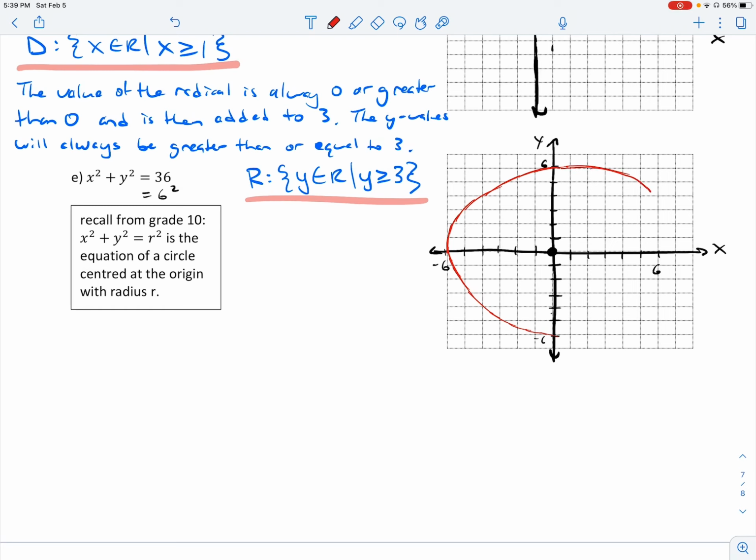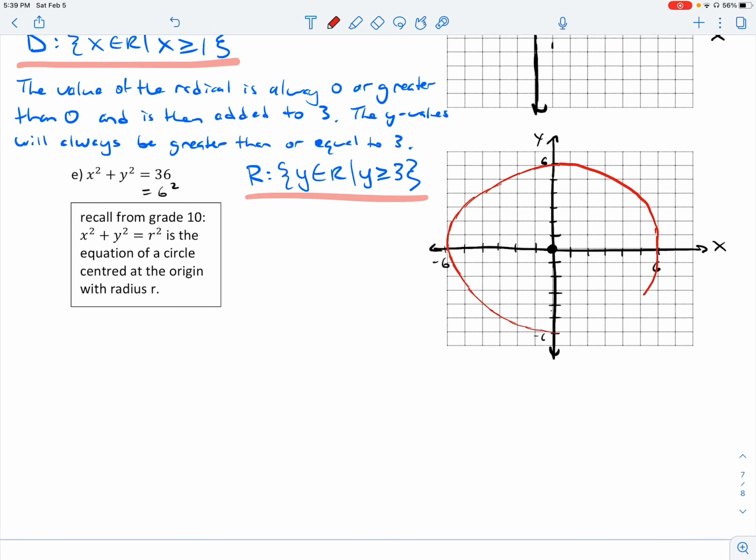If it was a square grid, erase that. Okay, it's kind of terrible looking, I'm not going to lie. All right, that side looks okay. It almost looks like I miscounted here. 1, 2, 3, 4, 5, 6. Anyway, it is what it is. All right, so that would be my circle.